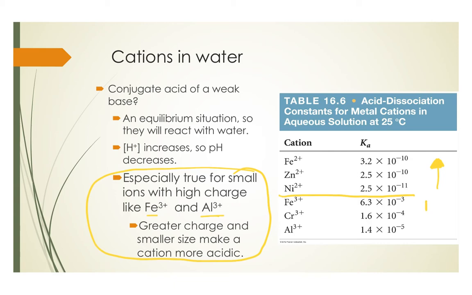Below the line here, we have iron, chromium, aluminum, again 3+, adding that extra charge on, as well as having those be smaller ions, etc. That makes those Kas much, much bigger and makes the pH effect much more noticeable. So greater charge and smaller size makes a cation more acidic.